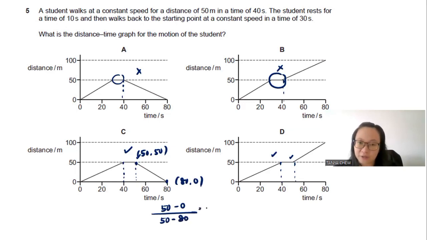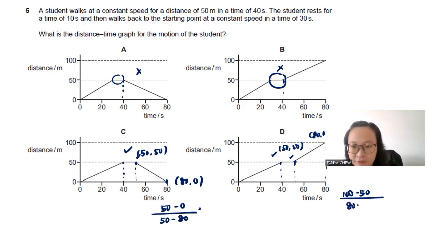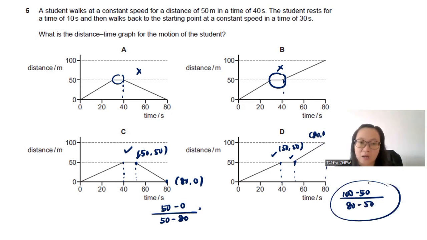I get a negative value here. But what about D here? This is 50, 50. This is 80 and 100. So 100 minus 50 over 80 minus 50. I get a positive value.